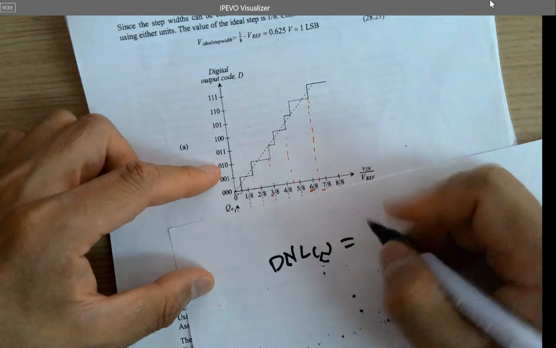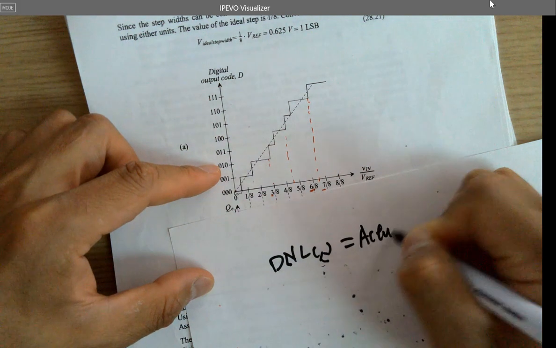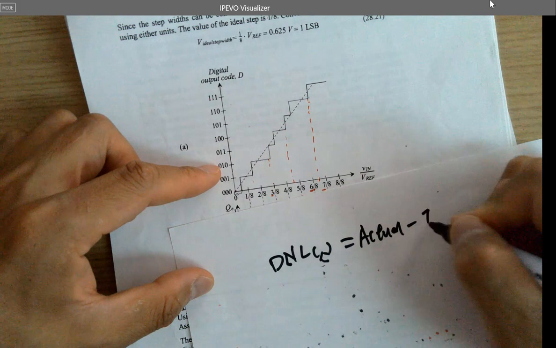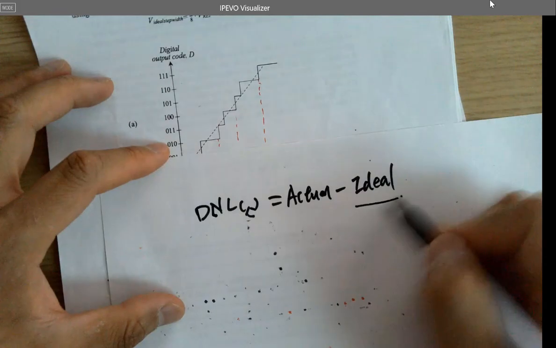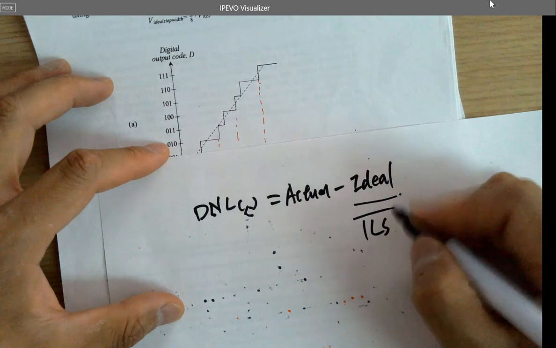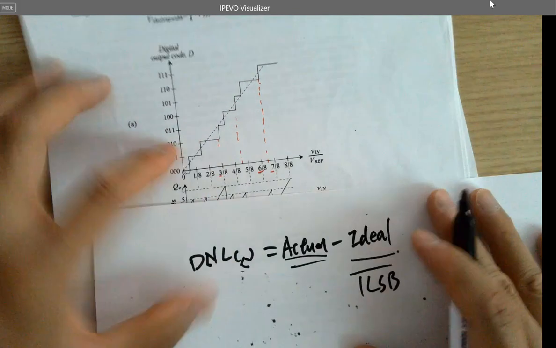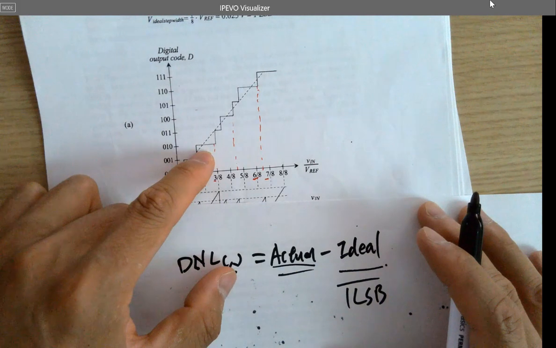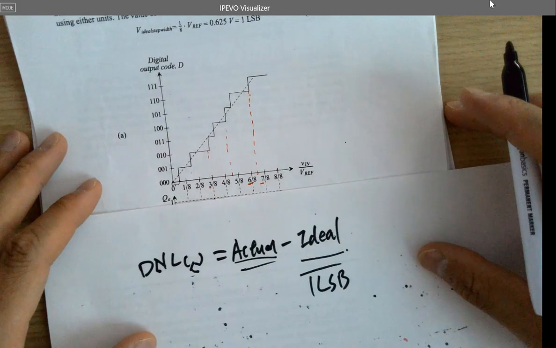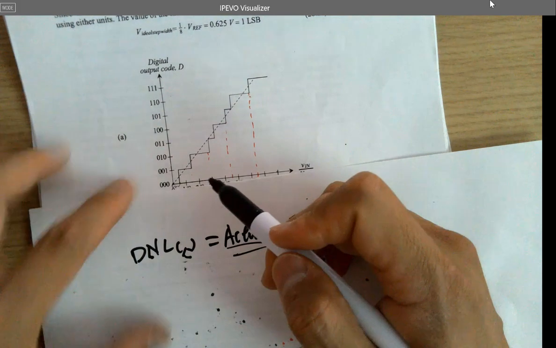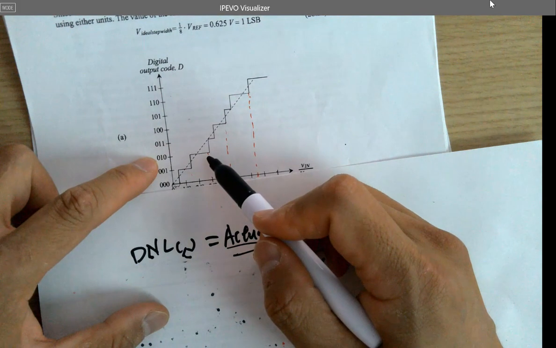And this equals actual minus the ideal. And the ideal is always 1 LSB, so it's very easy to remember. The actual is whatever you observed here. Pretty easy, right? Okay, so now we got DNL2, which is 0.5 LSB.